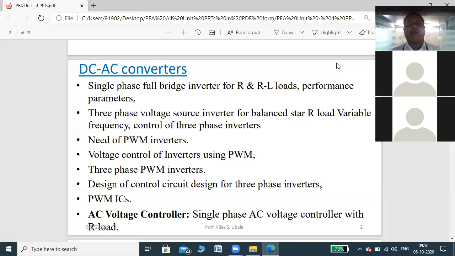So we use three phase, because ultimately we convert that three phase voltage into DC, and then the DC is applied as an input to the inverter.